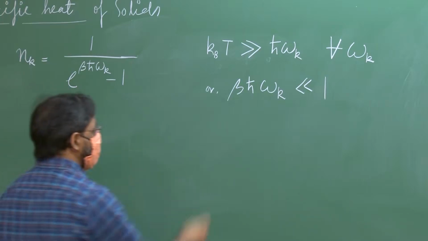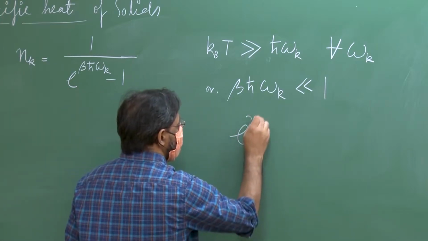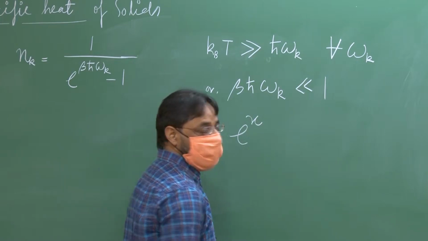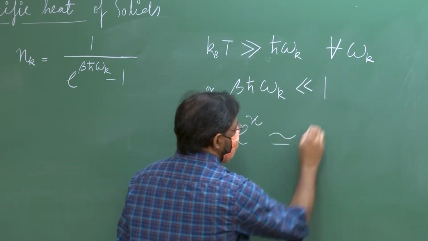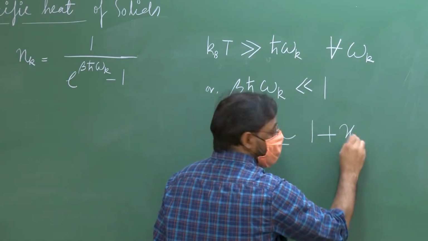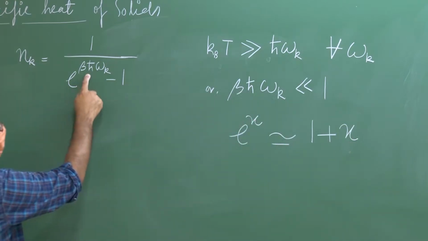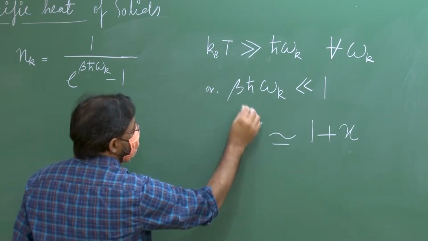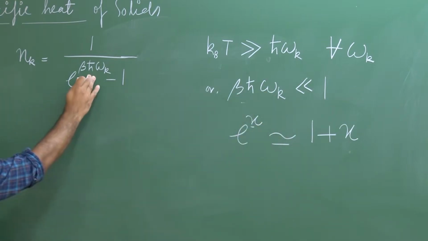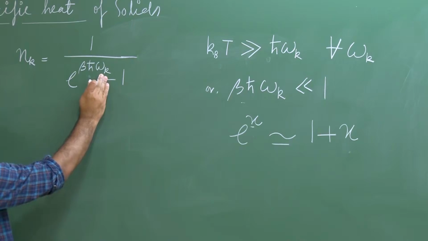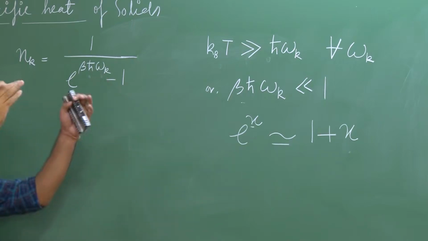Now, what happens to e to the power x when x is very small? You terminate the series at 1 plus x, isn't it so? Here x is beta h bar omega_k, a very small number because the temperature is too high.